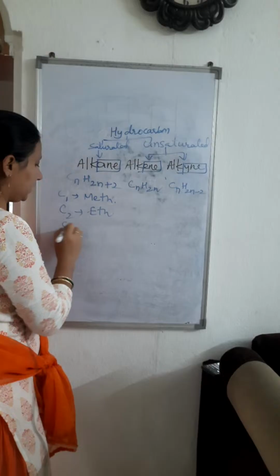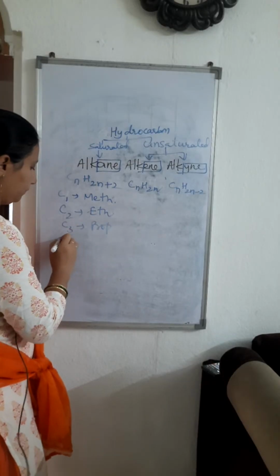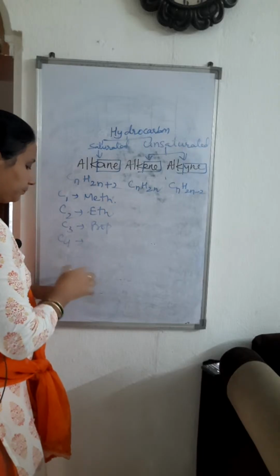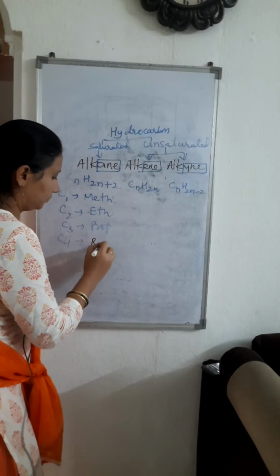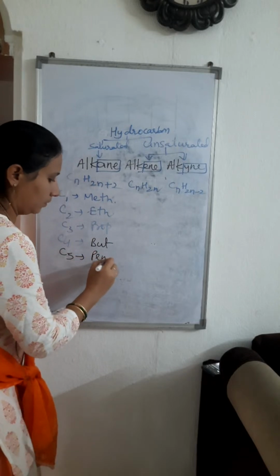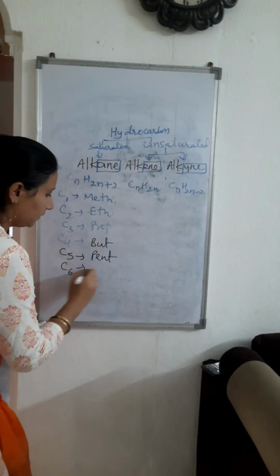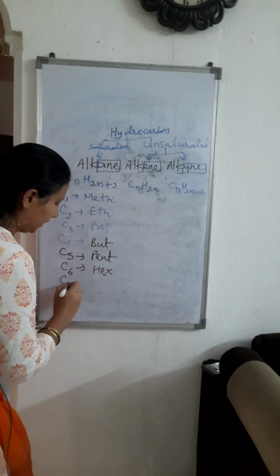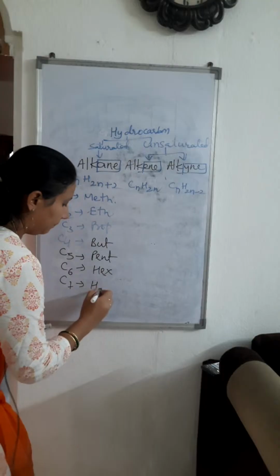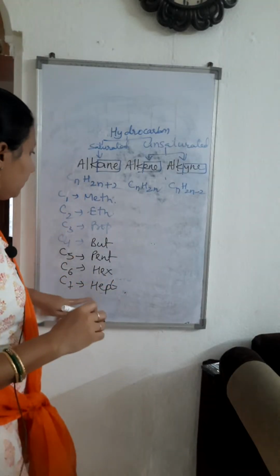If there are 3, prop; for 4, but; if it is 5, pent; if there are 6, hex; if there are 7, hept. So in your syllabus you have up to 7 only.